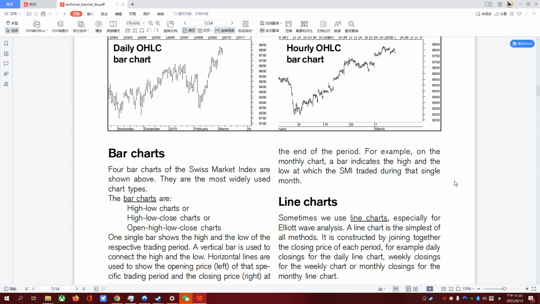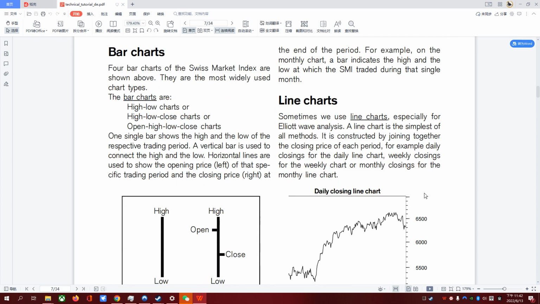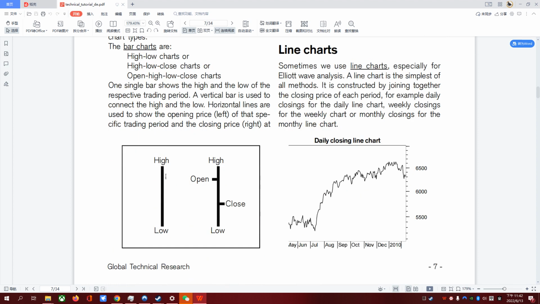So a vertical bar chart is a very good tool because, as you can see, it combines different kinds of price factors. You can see the open, you can see the close right here. This is the high and low, and here you can see the high, the open, the close, and the low.